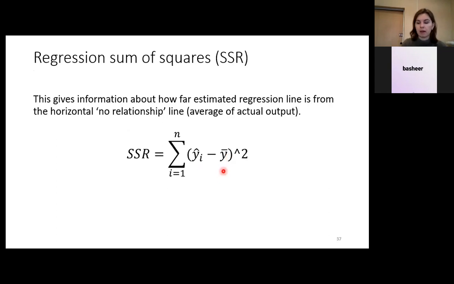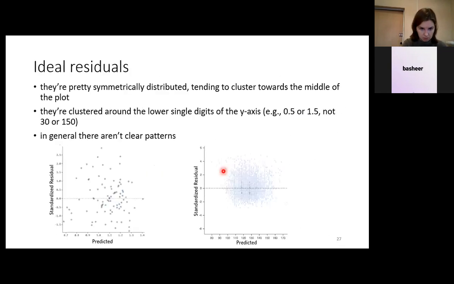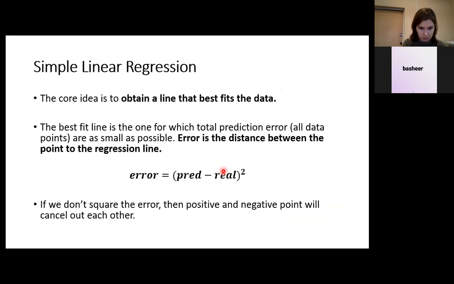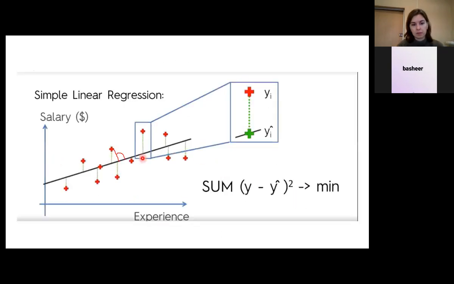Here we have the mean, but how far from the mean? Where is this picture? Here. You just find the mean value of the y, and calculate how the predicted values differ from it. We are calculating from the line itself.